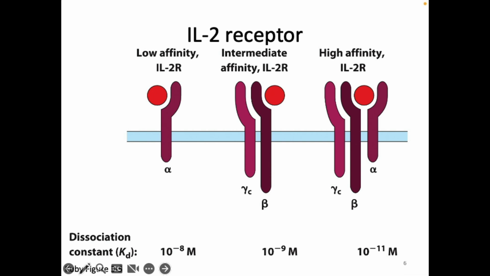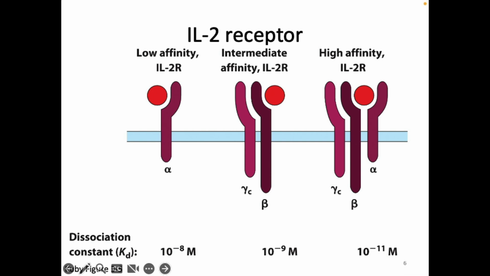Once the alpha chain is also present, now this receptor can bind IL-2 way, way, way better. And so sometimes we see just this intermediate affinity receptor with the gamma chain and beta. Sometimes we'll see the alpha chain as well that will be high affinity.